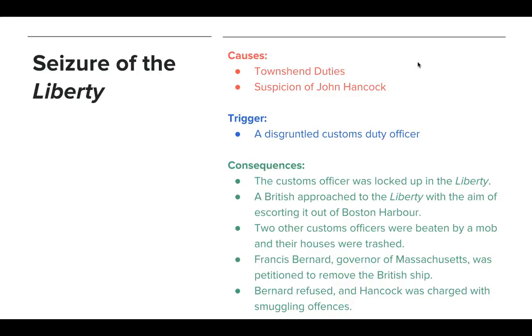He ended up being charged for smuggling offences, but it wasn't that great for the customs officers in Boston either. One of them ended up getting beaten, another two got beaten, and their houses got trashed. So we see the beginnings of a rebellion, physical rebellion, and offense by both the Americans and the British in that event of the Liberty being seized.